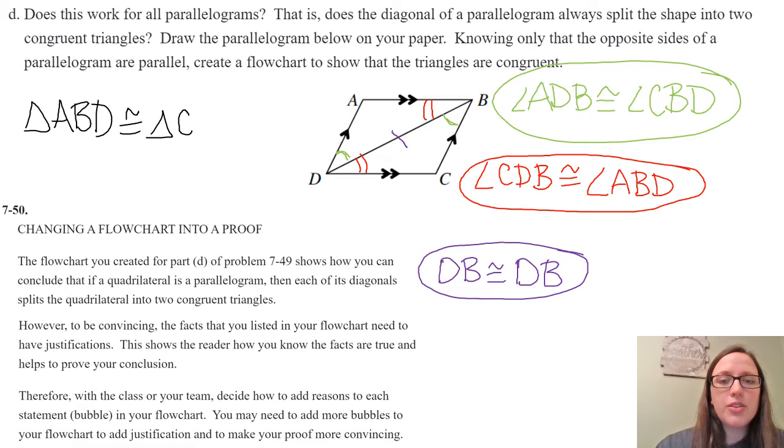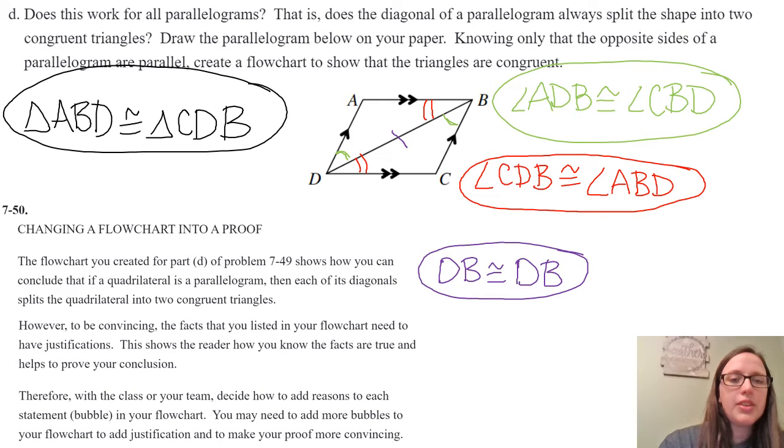So B corresponds with D over here, CDB. Remember, it's rotated and it's not reflected. And we know that by angle, side, angle congruence.